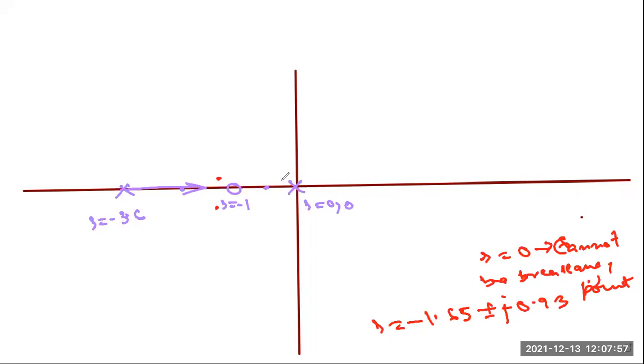So how will the breakaway point come? First of all, two root loci must meet at a particular point. If they are not meeting at a particular point, then there is no question of a breakaway point. So these 2 points also cannot be breakaway points.